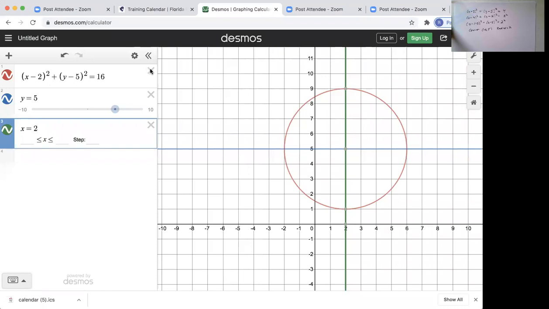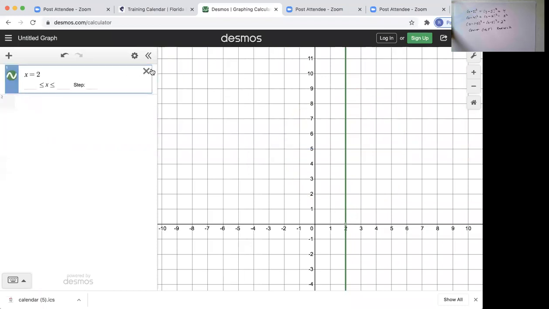So I'll pull that up. Our center was negative 3, 5, which is here. The radius was 2. That means 2 units to the left, 2 units to the right, 2 units up, 2 units down. 2 units to the left would be negative 5, 5.